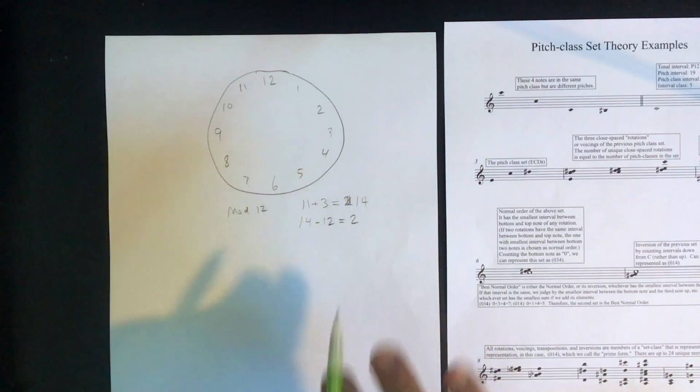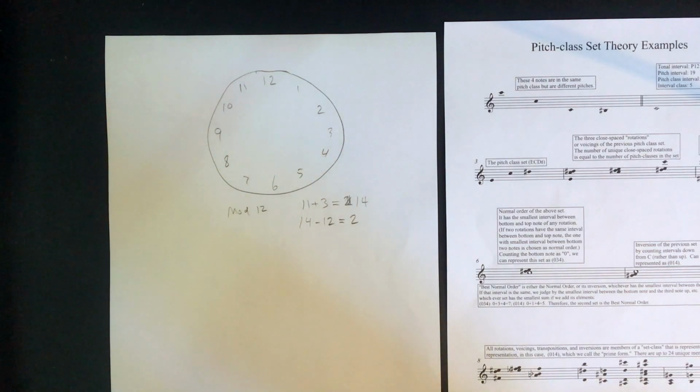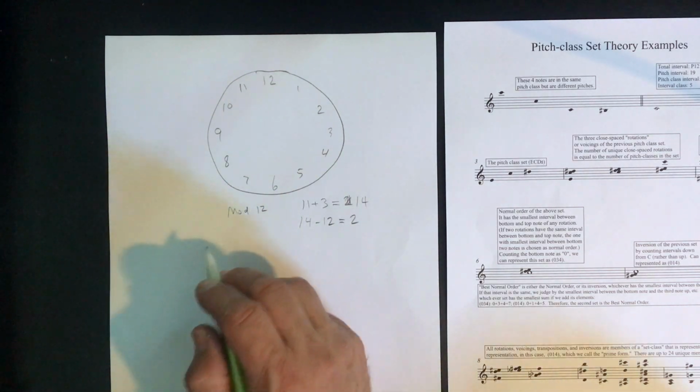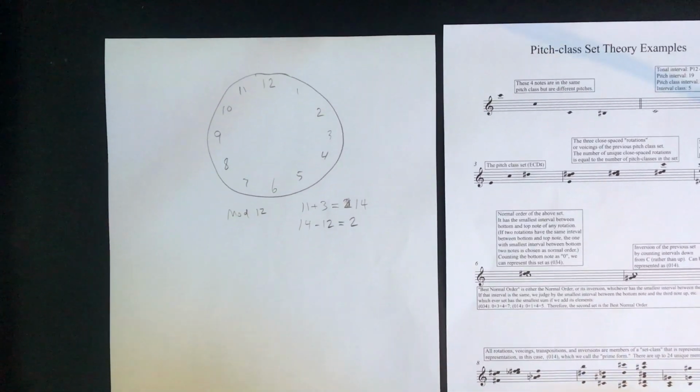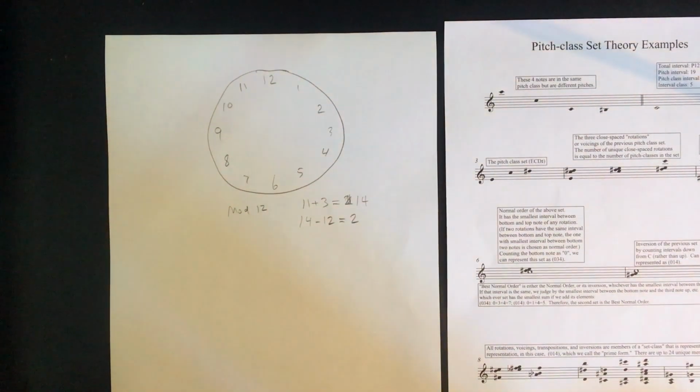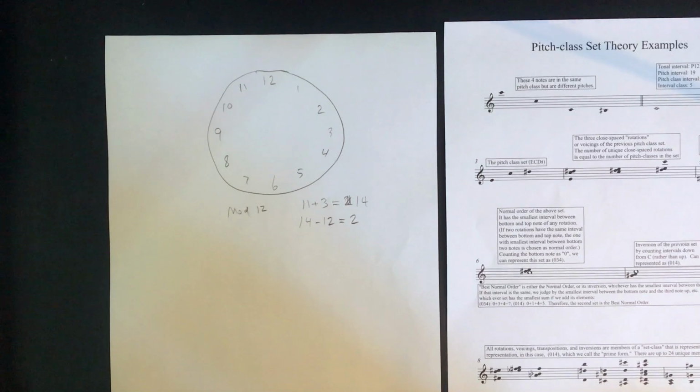We do the same thing in pitch class set theory. We're only dealing with 12 pitch classes. So when we're doing pitch class set theory, we can either choose C to be 0, or we can choose another pitch class to be 0.